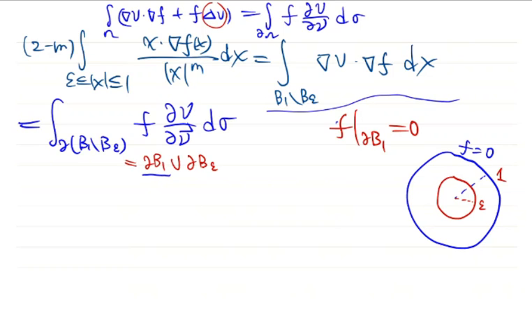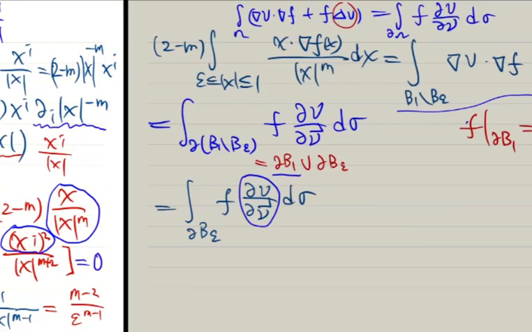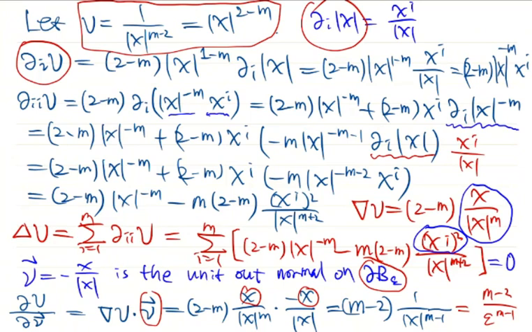So we only have the sphere of radius epsilon part. But this directional derivative we just computed on the previous page, in the last line of that page, which is (m minus 2) over epsilon to the m minus 1.